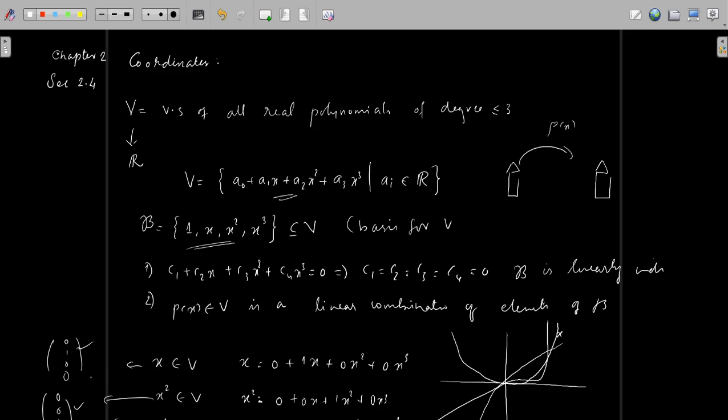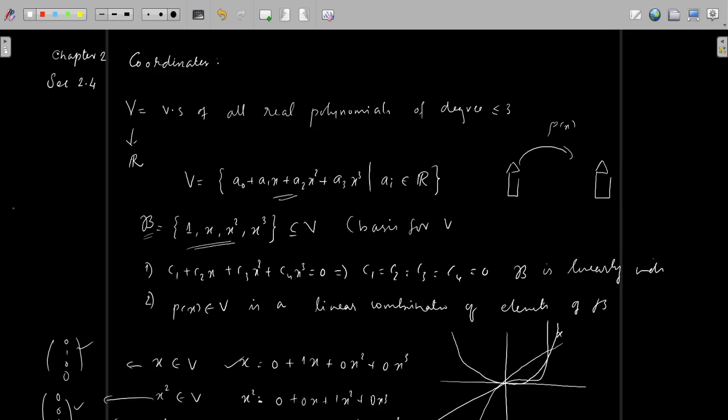In order to send the whole information of this polynomial, we need not bother about the other things. We need to get only this many coefficients, elements of F, or in this case elements of R. So these coordinates are called the coordinates of the vector x with respect to the basis B.